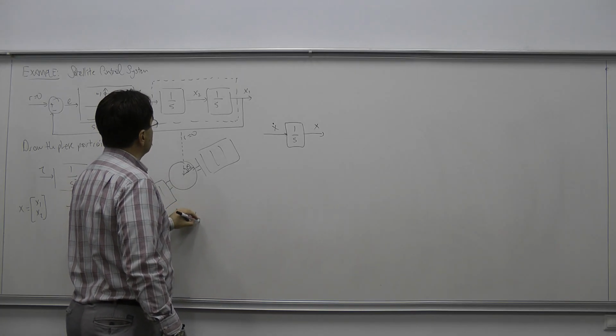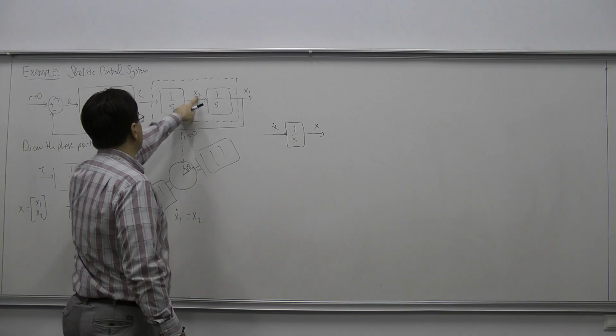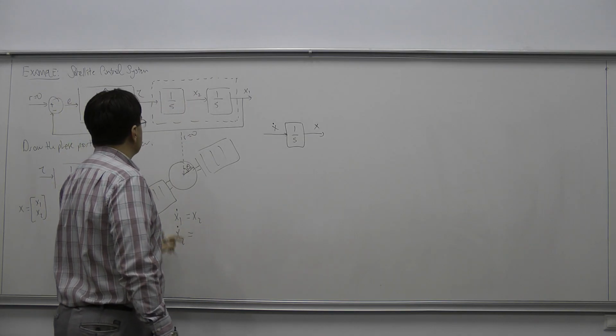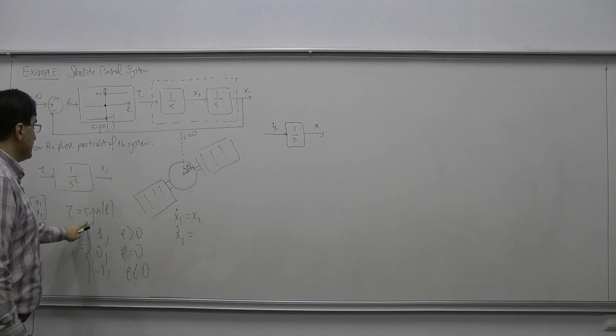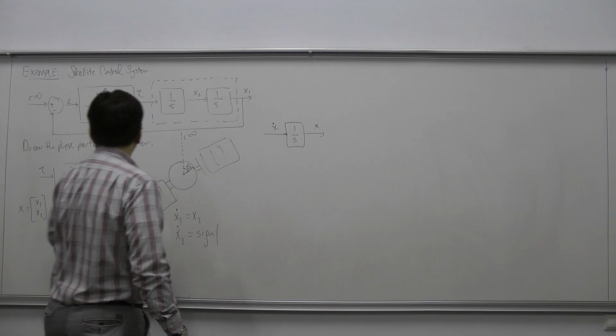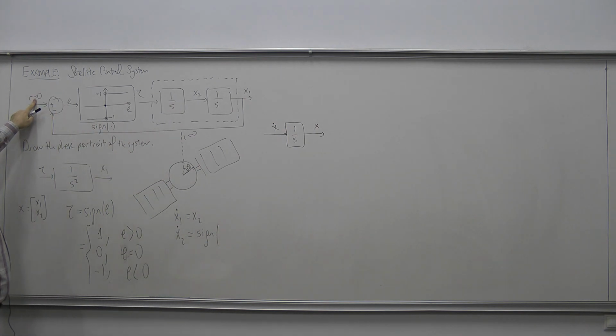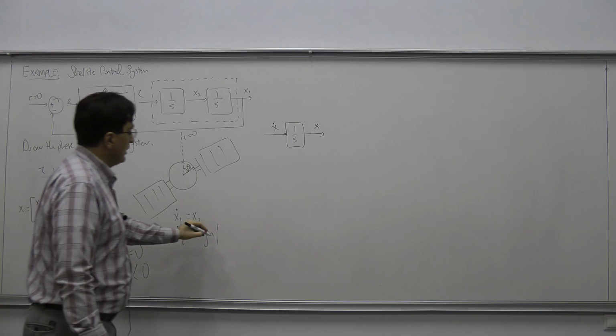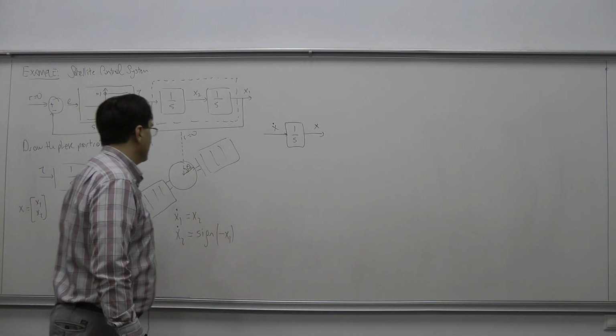And similarly, x2 dot is going to be tau, but tau is nothing but sine E. And E is the reference, which is 0, minus x1. So I have minus x1 here.